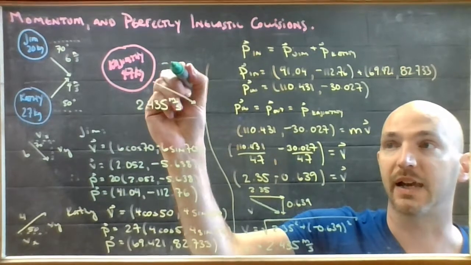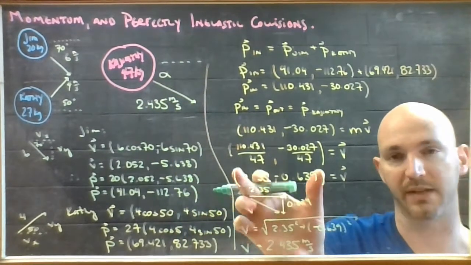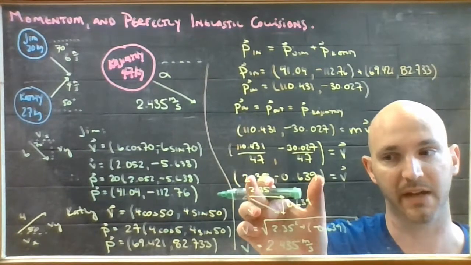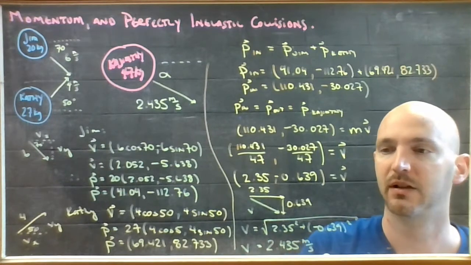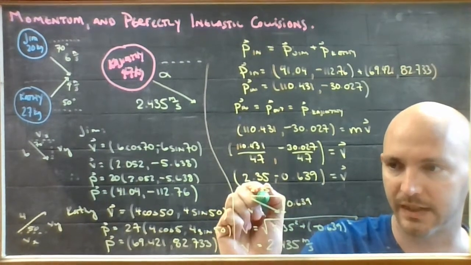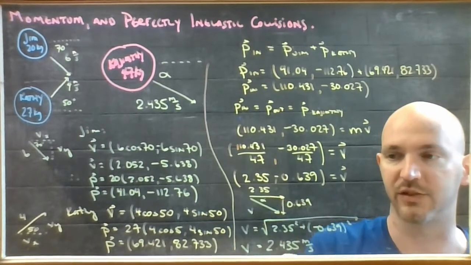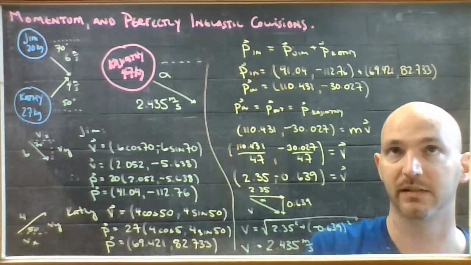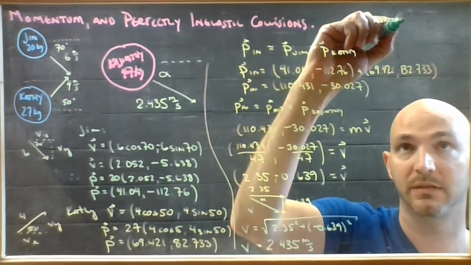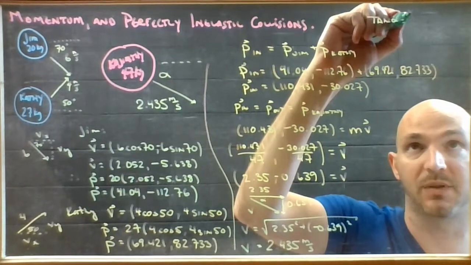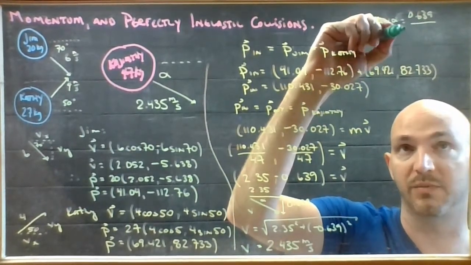I'd like to know the angle here. It's always good to have that so that we can quote our velocities in either x and y ordered pairs or magnitude and orientation pairs. So to get this angle in there, I have an opposite side and I have an adjacent. So that's a tan. Tan alpha would be the opposite side, 0.639, divided by 2.35.